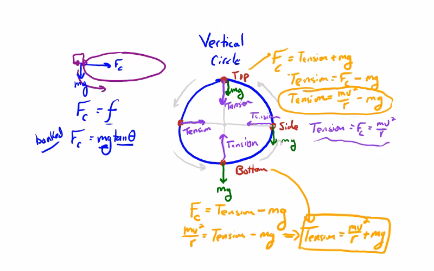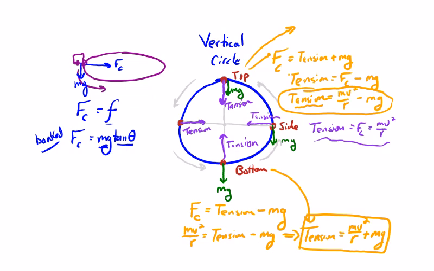Now the weird part, one of the things that's kind of neat at the top, is you've probably been on a roller coaster and you feel like right at the top you're about to fall out of your seat, but you don't quite, or you just kind of float a little bit above. What's happening in that case is now your tension is shrinking down close to zero.